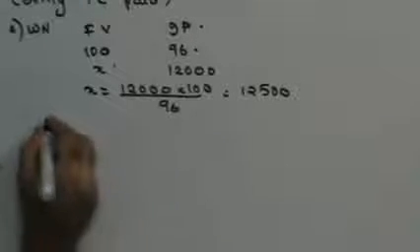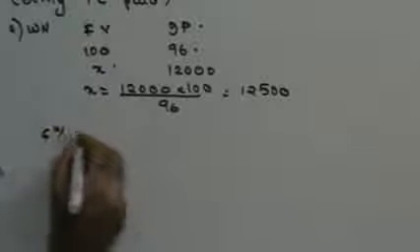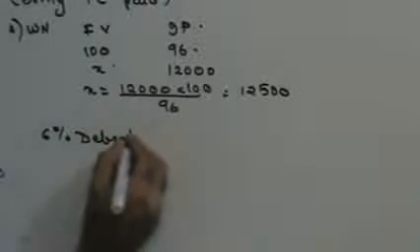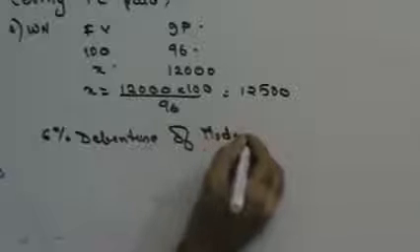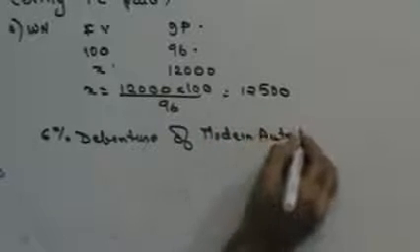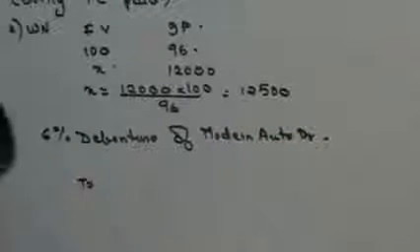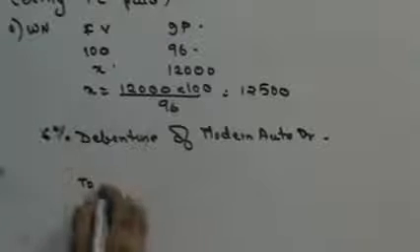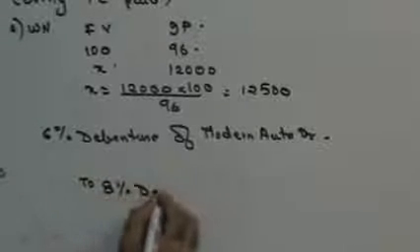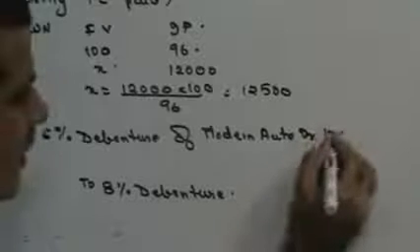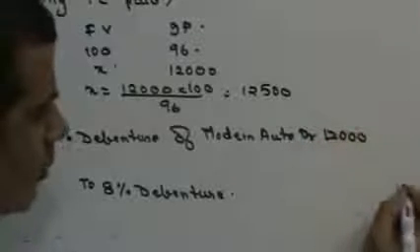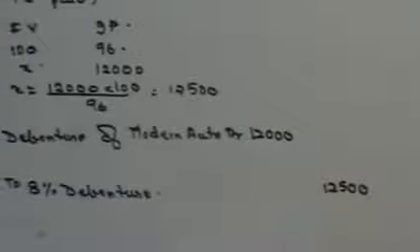I have to issue these debentures. I'll have to take in the old debentures of Modern Auto. Debit what comes in? 6% debentures of Modern Auto, 12,000. Debit, leave a line. You are issuing new 8% debentures of 12,500.